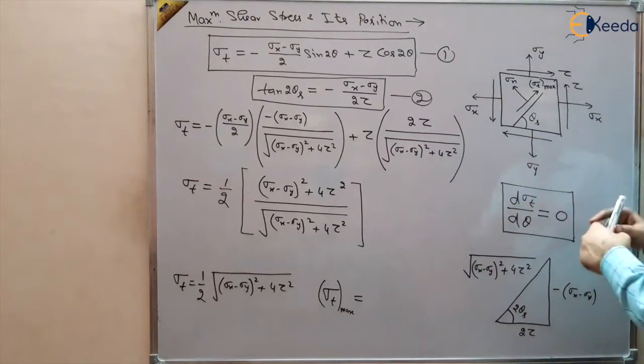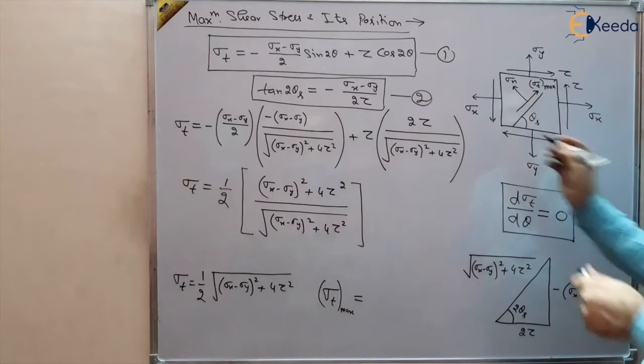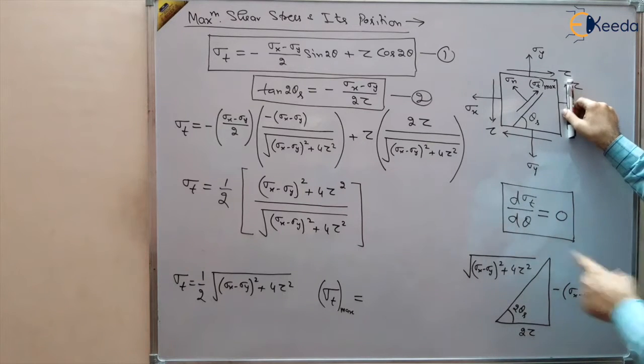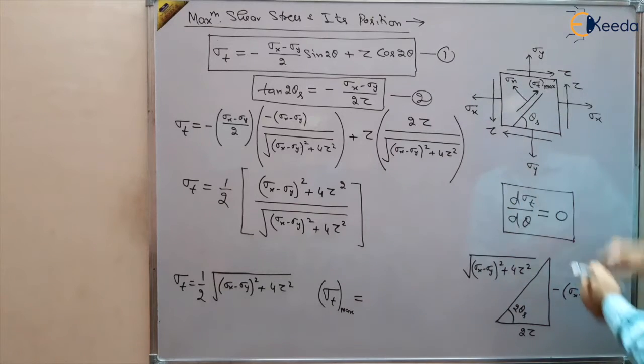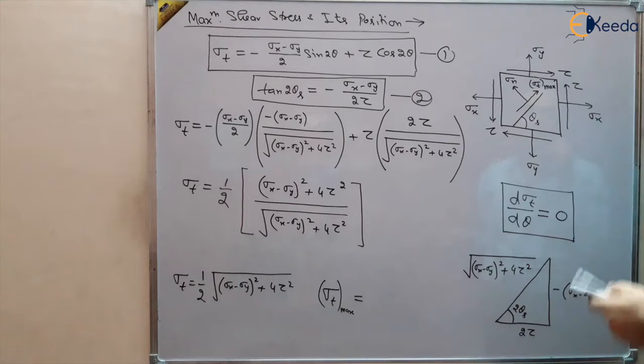So here if we take the shear stress, they are making two couples, this tau and this tau. These are making a couple in the anti-clockwise direction, and this tau is making a couple in the clockwise direction, right?